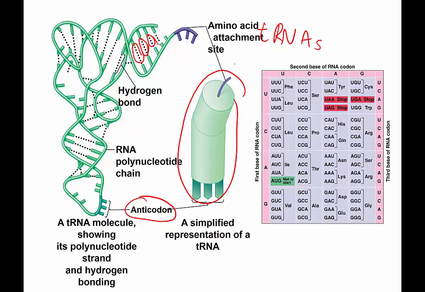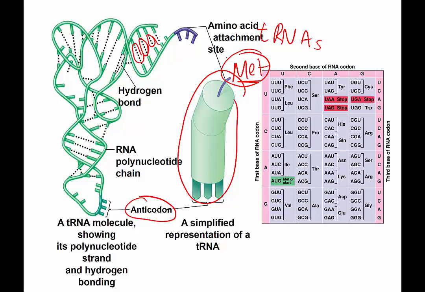So you can imagine if this was an AUG codon, it would have a methionine attached to it. So in that instance, the anticodon would recognize AUG, and this tRNA itself would have methionine already attached to it.